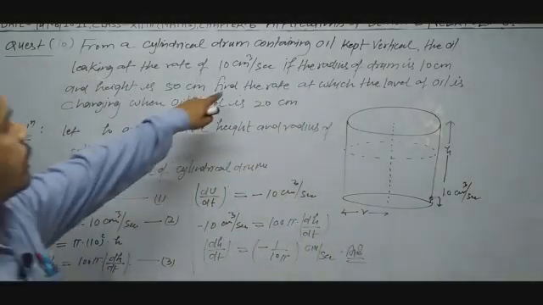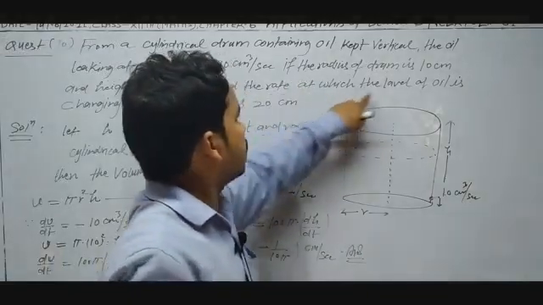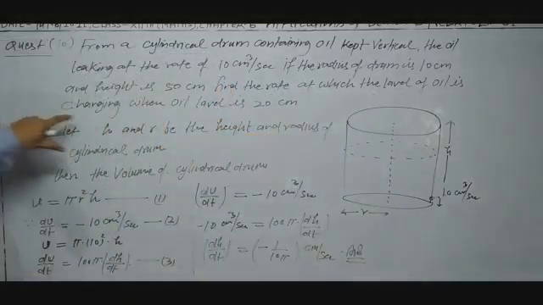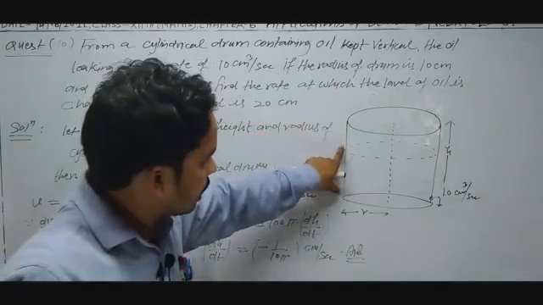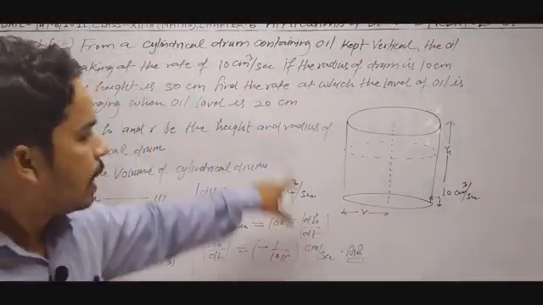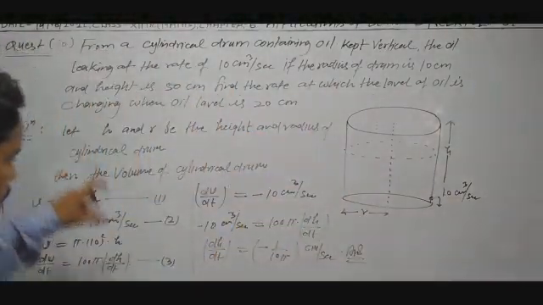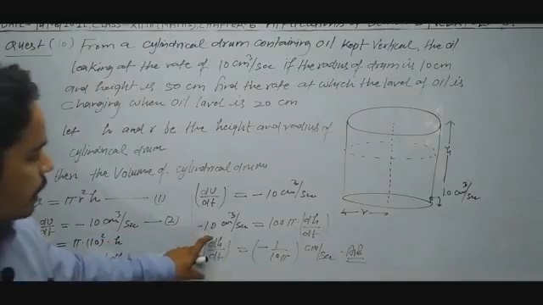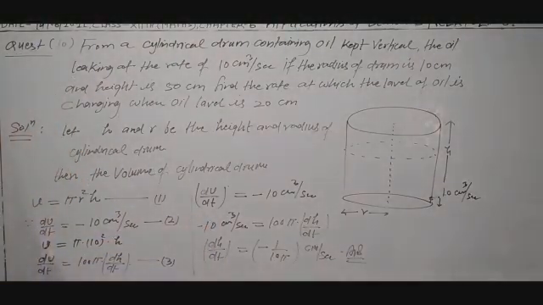This is what we had to calculate: find the rate at which the level of oil is changing. The level of oil is in the shape of a cylinder, the cylinder's height portion is small h, and dh upon dt means the rate of change of height. So minus 1 upon 10 pi is the answer.